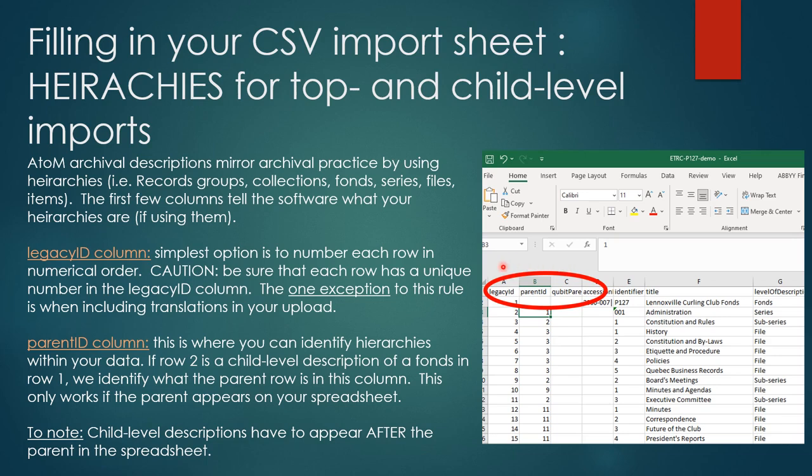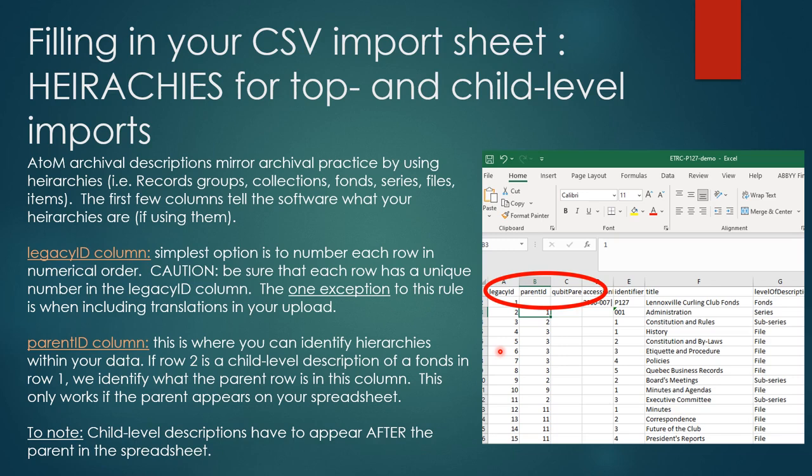To begin with, the legacy ID column. The simplest option to approach this column is numerically, so just number each row in numerical order, 1, 2, 3, 4, 5, as you see here on the screen, and continue on like that. The most important part about the legacy ID column is that every single row has to have a unique number.